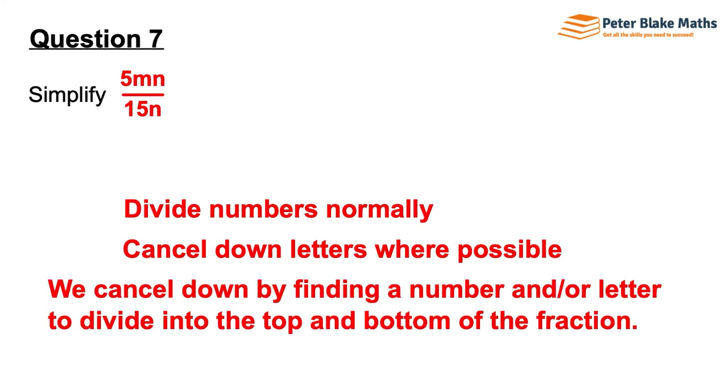Cancelling down, we cancel down by finding a number and or a letter to divide into the top and into the bottom of the fraction. So 5 goes into the top once and into the 15 3 times, and there's an n that can divide into the top and into the bottom. They go once each. So that leaves us with an m on the top and a 3 on the bottom, leaving us a final answer of m over 3.